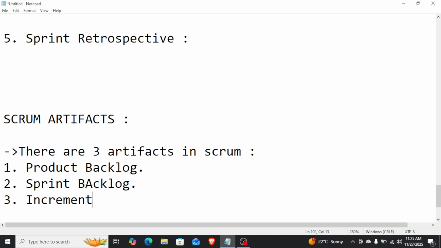Whereas Scrum is a framework under Agile, it has three roles: product owner, Scrum master, and development team. It has five events: sprint, planning, daily, review, and retro, and also three artifacts: product backlog, sprint backlog, and increment. Agile and Scrum help team deliver faster, communicate better, and adapt quickly to change.